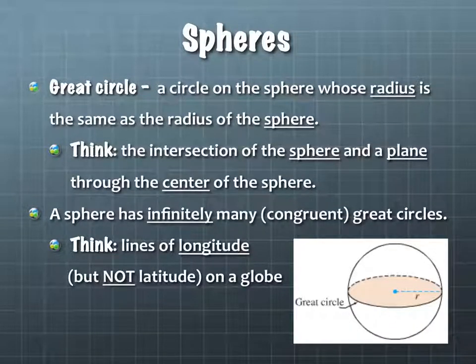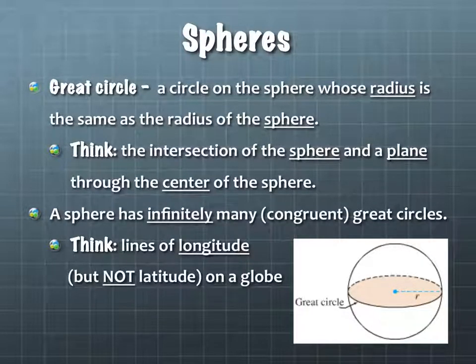And it's a sphere. First vocabulary word here is a great circle. A great circle is a circle on the sphere whose radius is the same as the radius of the sphere. Another way you could describe the great circle is it cuts the sphere into two hemispheres perfectly.